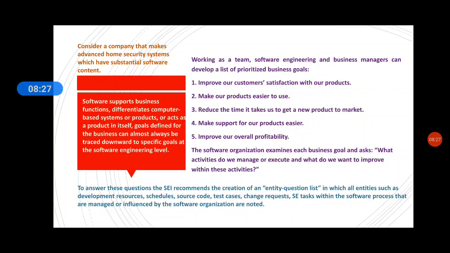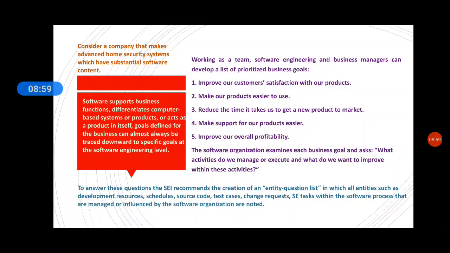In order to explain in a better way, we are considering an example of a company that makes advanced home security systems, which have substantial software content. The software supports business functions, differentiates computer based systems or products, or acts as a product in itself.